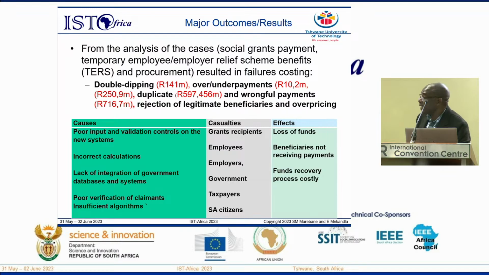Right, and when we look at the reports, there's a lot that we have found to have gone wrong. For example, there was double dipping up to 141 million. What does that mean? It means people managed to get money from SASSA while they are also employed by the government, and they also managed to claim money from UIF.